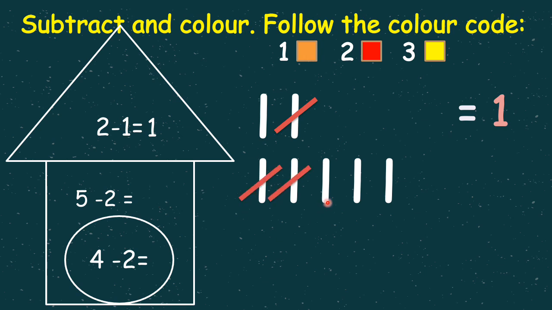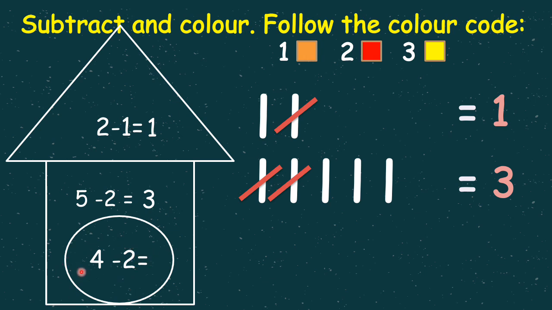So how many are remaining, children? 1, 2, 3. What's the answer? When you cross 2 out of 5, you get the answer 3, and you need to write the answer 3 here as well.